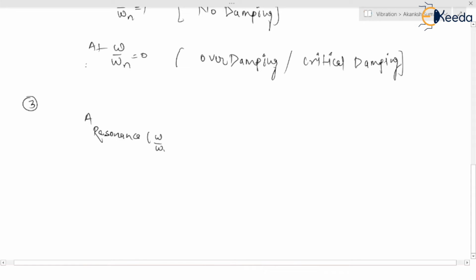When omega by omega n is equal to 1. Okay. So what would be there? You can say that formula is f naught upon s. So when you put omega by omega n equal to 1 in the formula of amplitude, you will get the value f naught upon s upon 2 zeta. You can see this is inversely proportional to the damping factor or damping ratio. Okay.